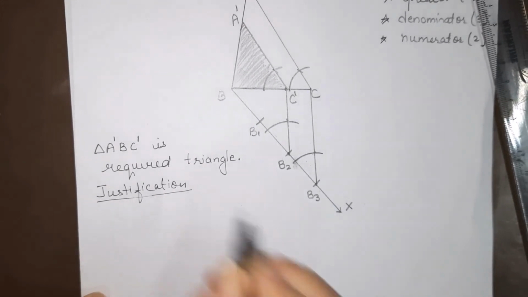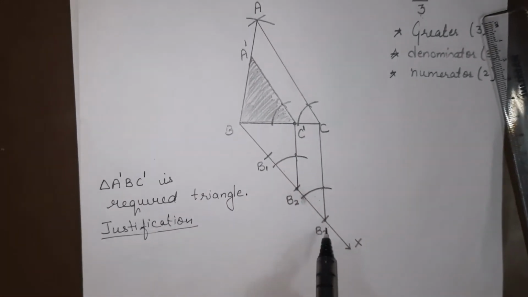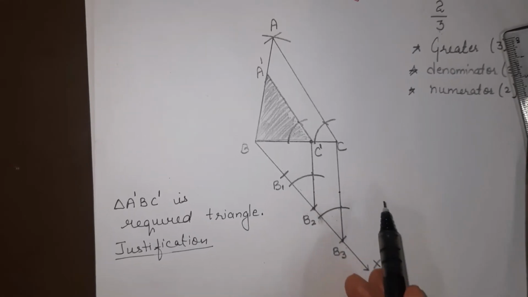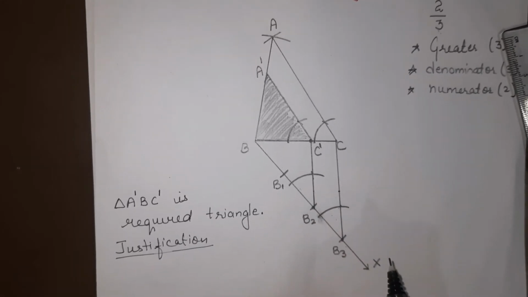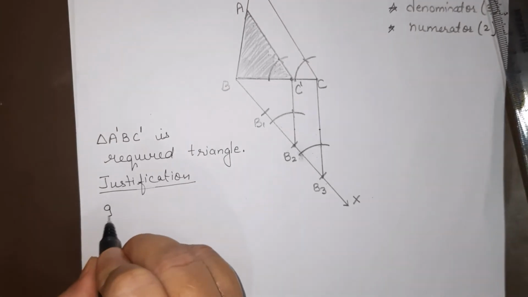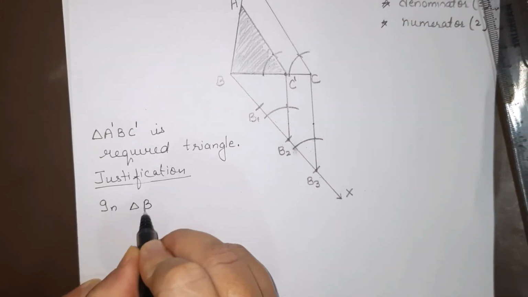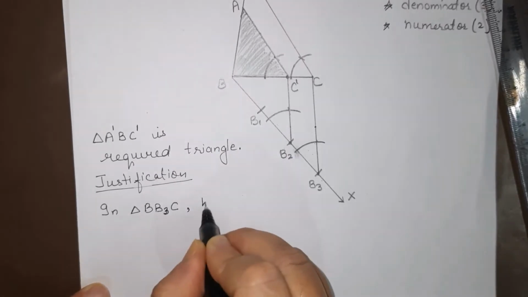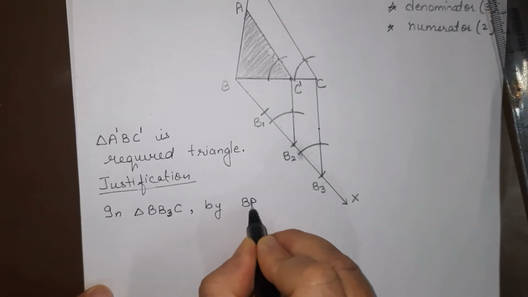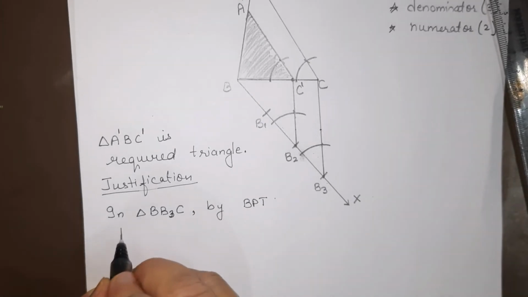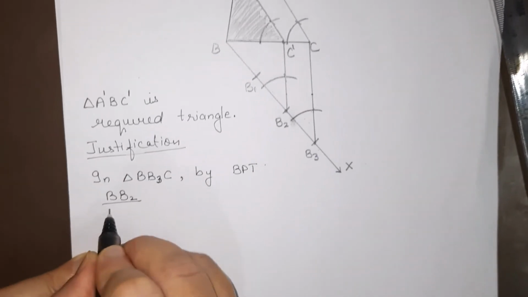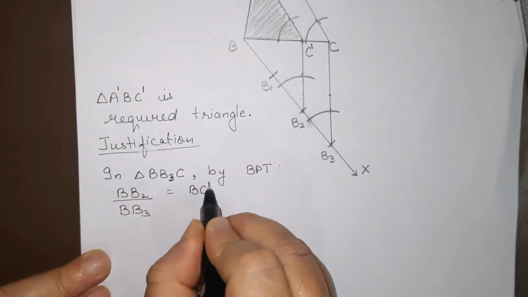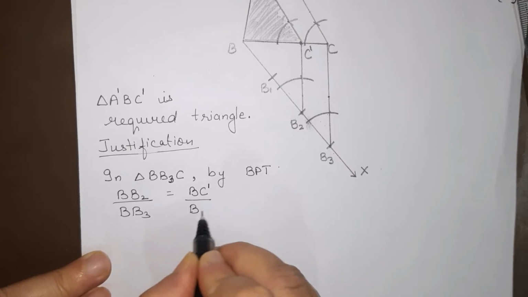So first of all, see, in triangle BCB3, this is parallel to this. So we can apply the basic proportionality theorem here. So we will write in triangle BB3C, by basic proportionality theorem, we have BB2 over BB3 is BC dash over BC.